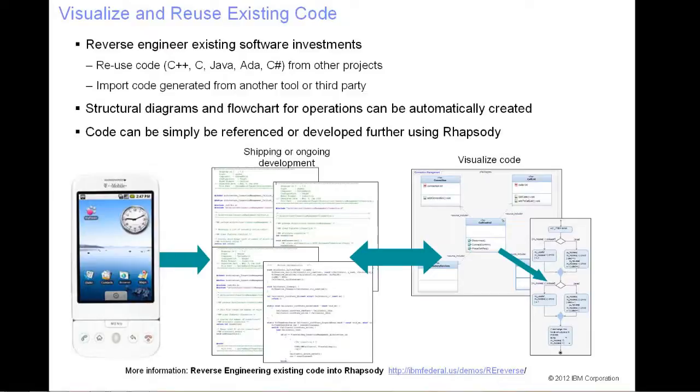And basically, one of the advantages, which is why it's mentioned here under model reuse, is that code is code. Whatever the code is, even if it's generated from another tool, you can reverse engineer it in. Now, it's not necessarily a silver bullet where everything can come in. There are always things you have to worry about.